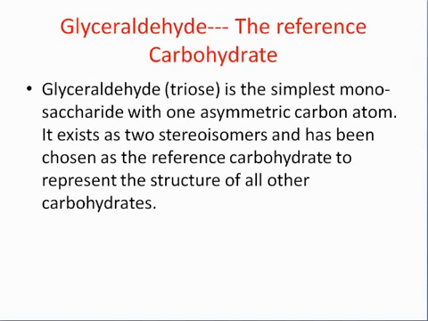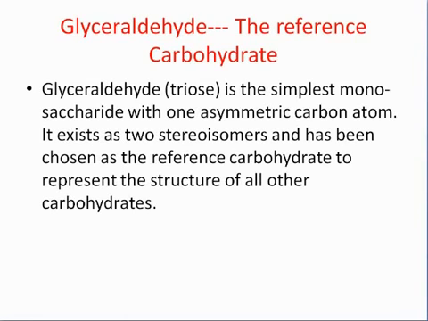So according to our formula CnH2nOn, when n is equal to 3, the formula is C3H6O3. This C3H6O3, which has 3 carbon atoms, is generally known as triose, meaning a saccharide with 3 carbons. That's why it is known as triose. This triose also exists in two forms. One is the aldehyde form, another is the ketone form.